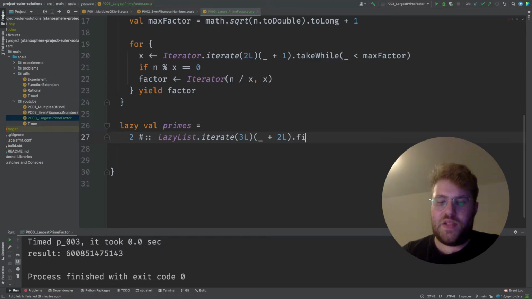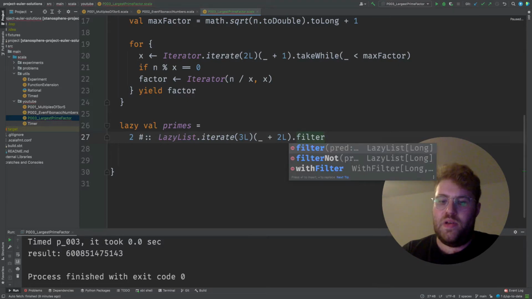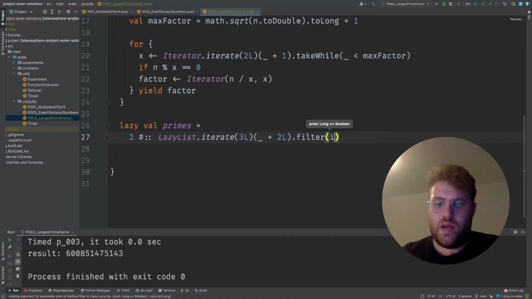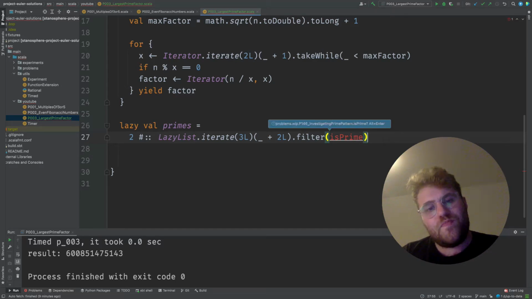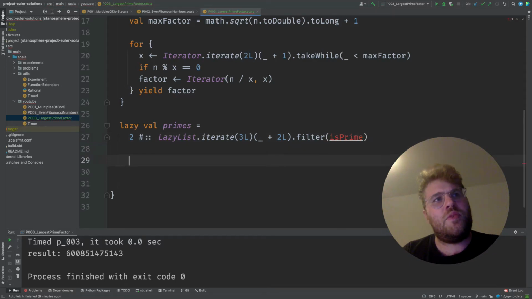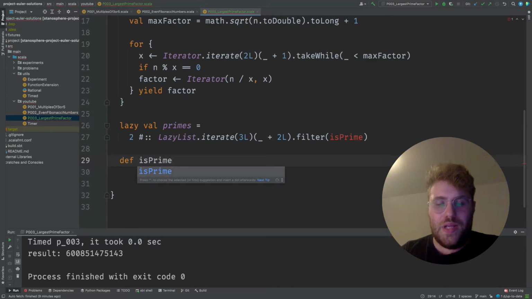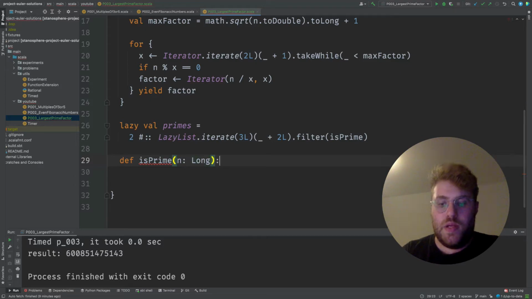I think there's even a way of doing this with numbers one above or one below a multiple of 6, but I can't be bothered with that right now. And then we're going to filter them to be the ones that are prime. Obviously, we've not defined isPrime yet, so why don't we go ahead and define it? So something is prime, a Long isPrime, and that's obviously a Boolean. I generally like to give out the type annotations.